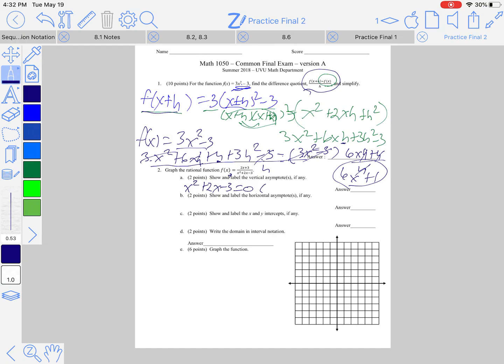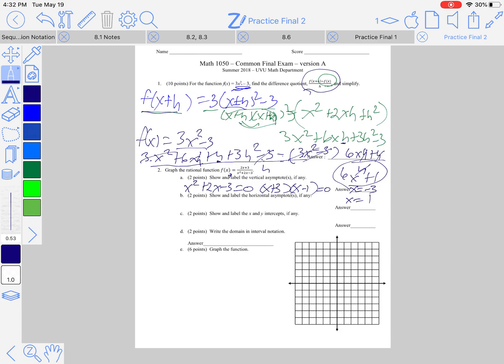So x squared plus 2x minus 3: factors of negative 3 that add to 2 are 3 and negative 1. Set each equal to 0 and solve. x equals negative 3, x equals 1. Those are my vertical asymptotes, as long as they're not also on the top.